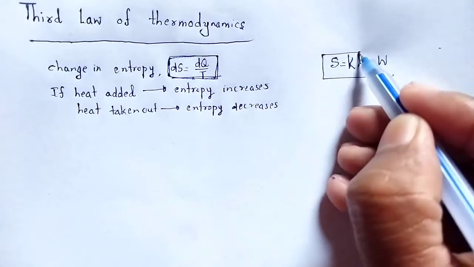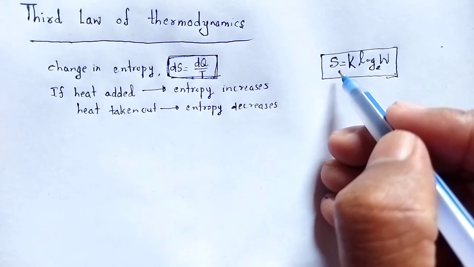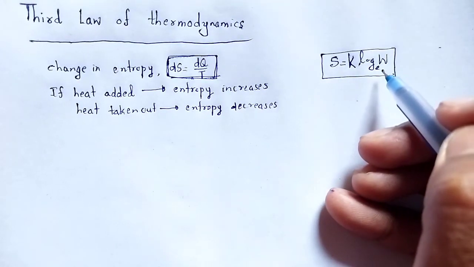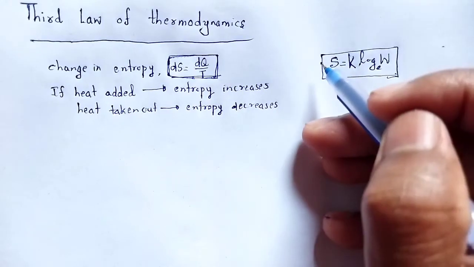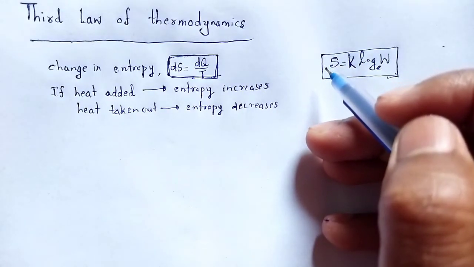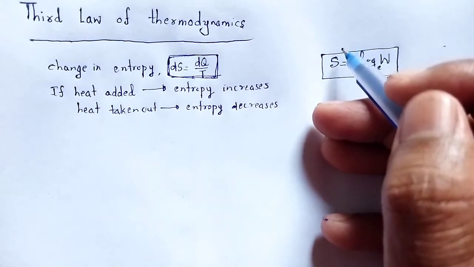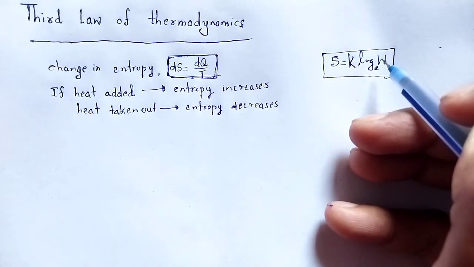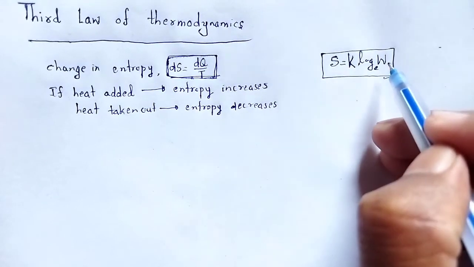From this equation, if S decreases, then W decreases, meaning the thermodynamic probability decreases, and vice versa. Since entropy increases, the thermodynamic probability W increases accordingly. Now if S decreases, then W decreases.